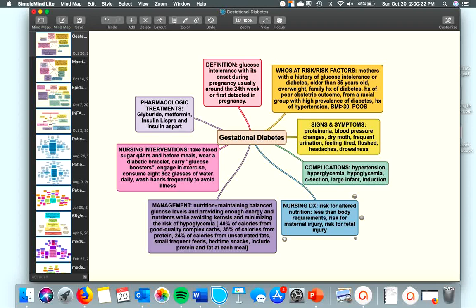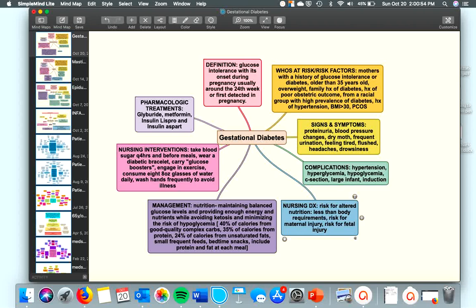Mothers with a history of glucose intolerance or diabetes prior to getting pregnant. Mothers who are older than 35 years old, mothers who are overweight, who have a history of diabetes in the family, a history of poor obstetric outcomes, meaning like fetal demise or issues within her previous pregnancies.